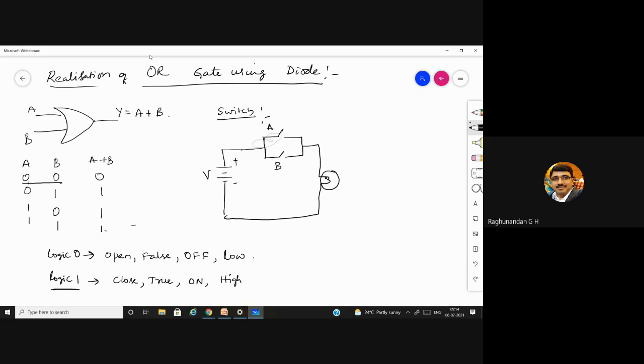Now the first case, A is equal to 0, B is equal to 0. When A is equal to 0, the switch is open. B is equal to 0, switch is open. The current is flowing from the power supply. Can you tell me whether the current can take any path, this path or this path, so that the bulb can glow?